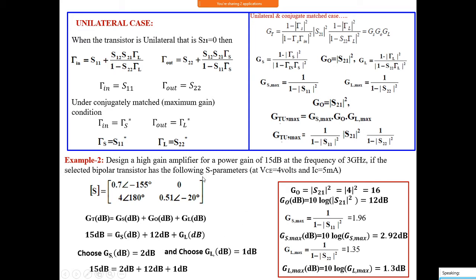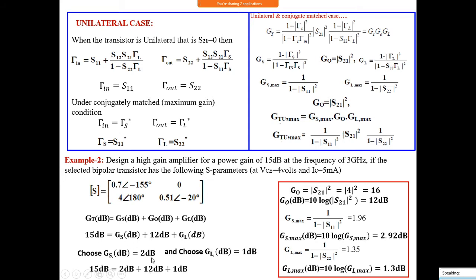But they are asking us to design only for 15 dB. Based on the requirement of transducer gain, you can choose GS less than the maximum. So choose GS equal to 2 dB and GL equal to 1 dB, totally giving 15 dB.